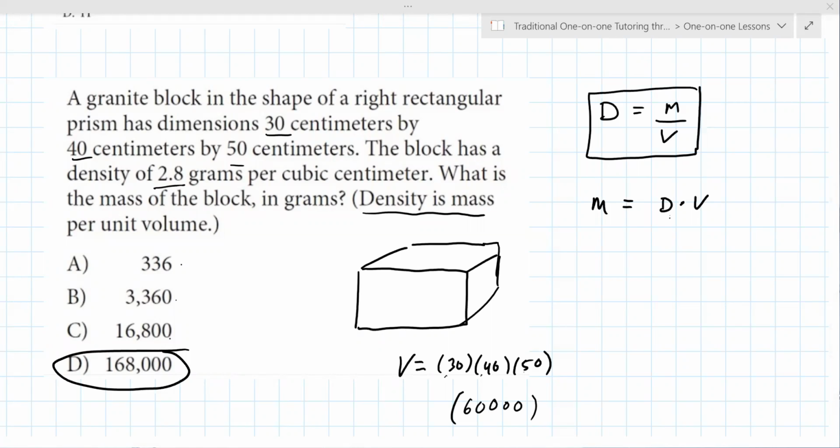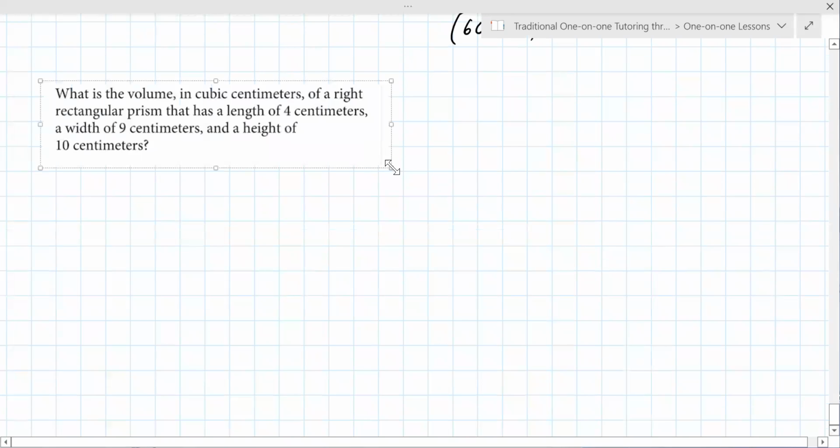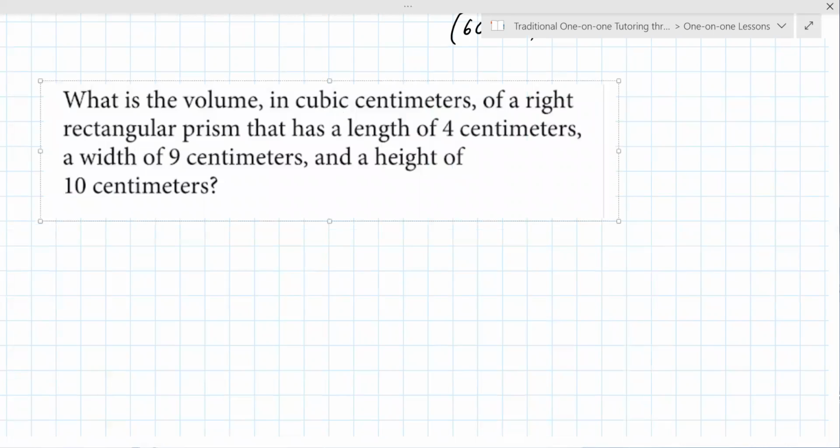Let me have you try this one on your own. So go ahead and read it to yourself or out loud if you want, but just give me your final answer whenever you're done. What is the volume in cubic centimeters of a right rectangular prism?